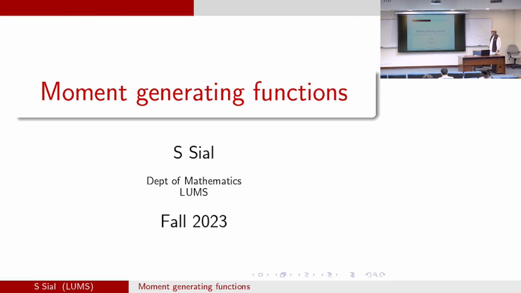Okay. Then we go on to moment generating functions. We've already dealt with moments. I may not have used the word, but we've already talked about moments. So the expectation of x is the first moment of x. When we did variance, we needed the expectation of x squared, which is the second moment of x.